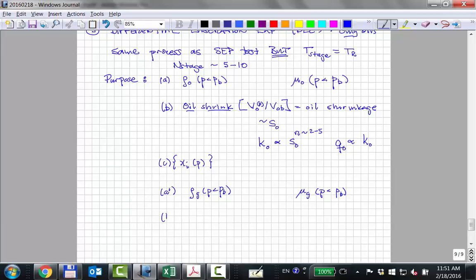Now, effectively, S_g is basically 1 minus S_o, forgetting the water. If you know the oil shrinkage, you know how much gas volume there is. But what you would like to know is how much gas is released as we go below the bubble point.